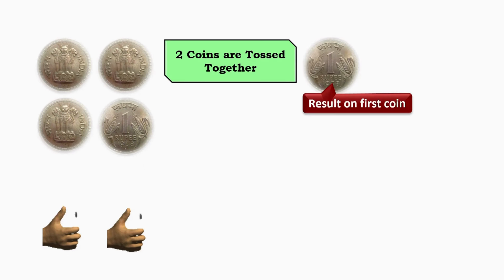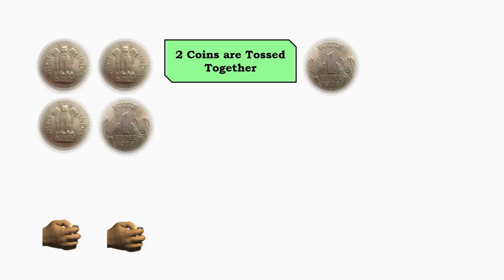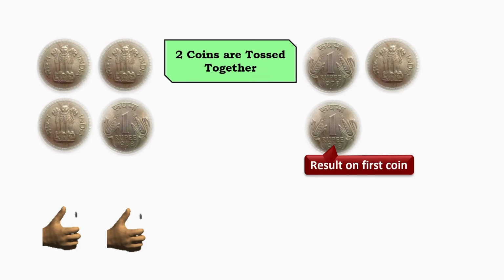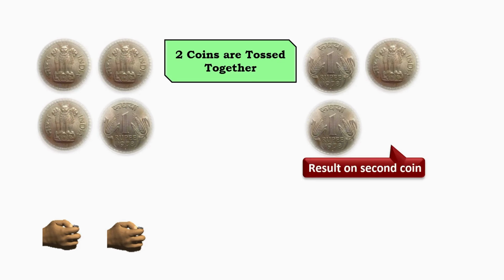Yes. So there are other possible combinations also. Like first, in the first coin we got the result as tail, and in the second coin we may get the result as head. Similarly, in the first coin we got tail, and in the second coin also we got tail. So what are the combinations we are getting over here?